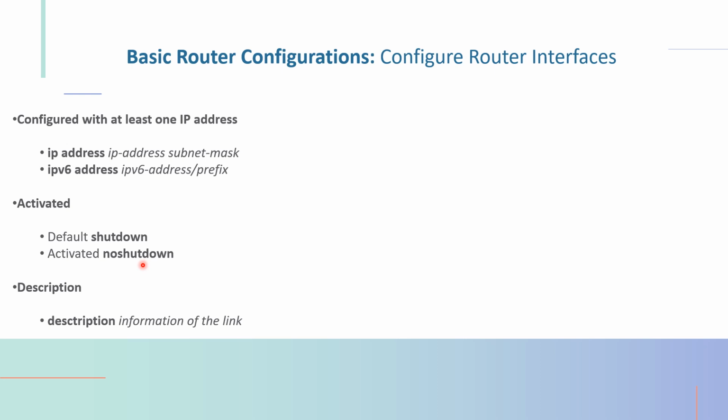This is similar to powering on the interface. The interface must also be connected to another device, such as a hub, a switch, or another router, for the physical layer to be active.